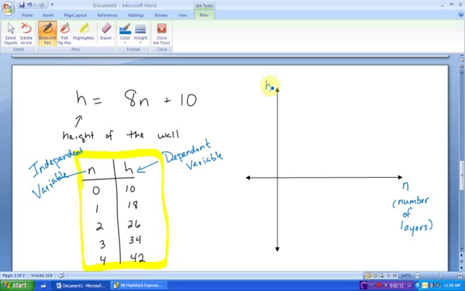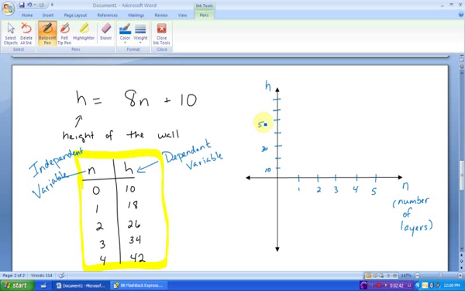So I'm going to scale this by ones. Okay, and then I'm going to scale the other, I don't know, say by tens. 10, 20, 30, 40, 50, 60, 70.